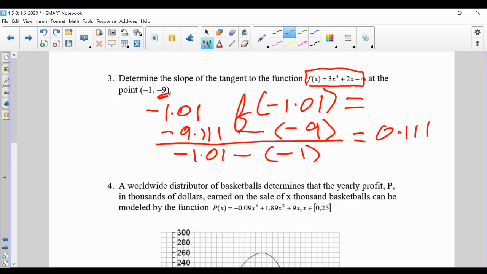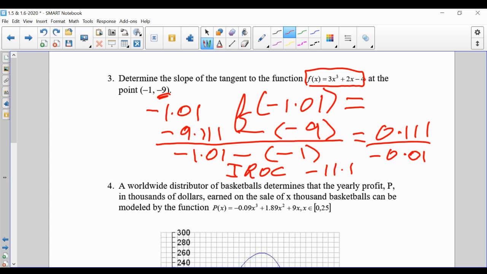And on the bottom, I have minus 1.01, then I'm adding on 1. So that should be equal to minus 0.01. Now, if I'm dividing by this, I'm just going to move the decimal point 2 places over. I'm going to get minus 11.1. This is my IROC.